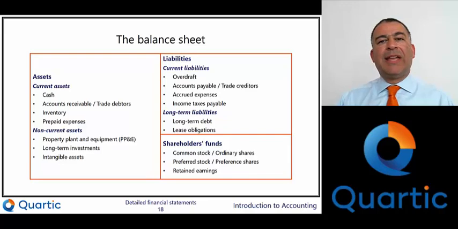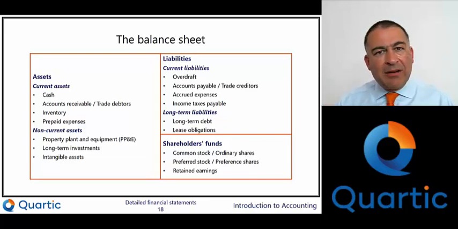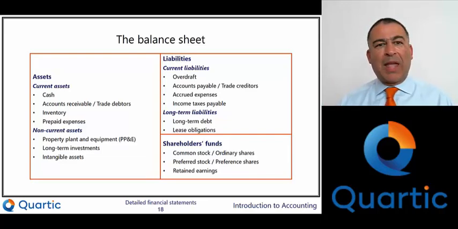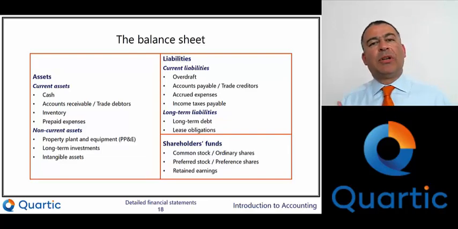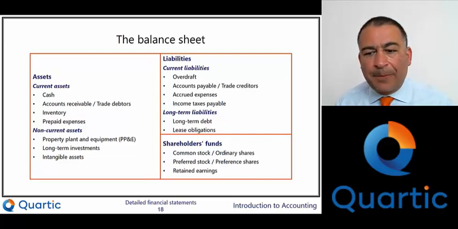An operating cycle is how long it takes from when we buy inventory and turn it into a good that we can sell it, and get the cash into the bank. So the operating cycle is basically how long to do a full transaction. And current assets are those items that will turn into cash within one operating cycle.